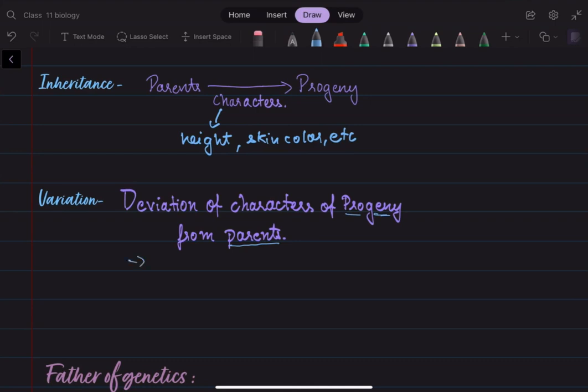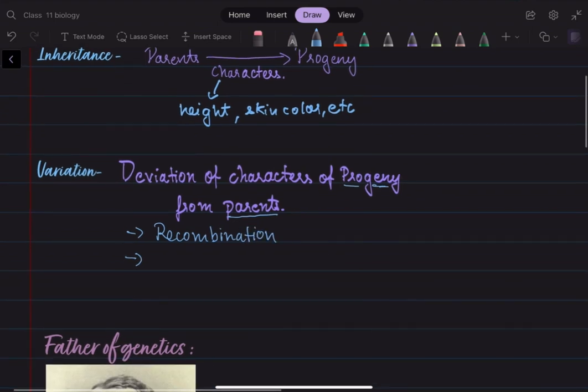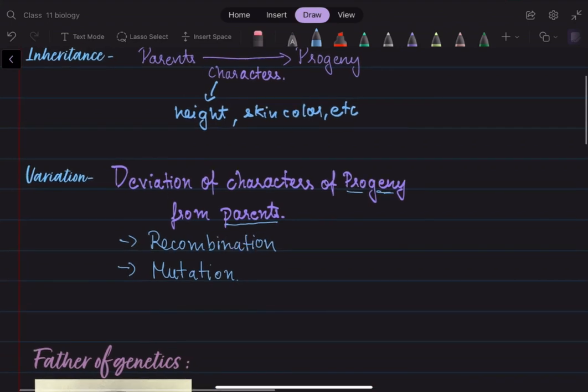This is seen mainly due to two reasons. First is recombination, that is crossing over that happens while the formation of gametes, and also mutation. So we know that mutation changes the gene, right? So because of that too, we can see variation.